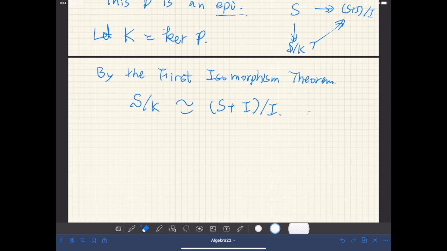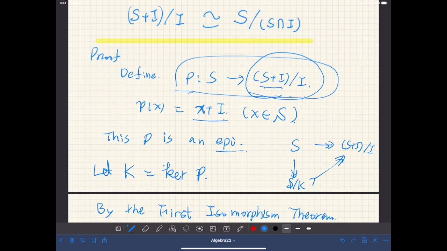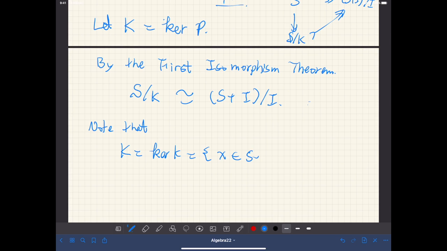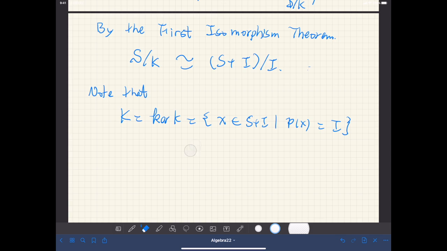Now note that this kernel is defined as all elements x of S such that P of x is equal to I. But that is actually equal to, not just I, but the elements of S that overlap with I. So we should take this as the kernel.